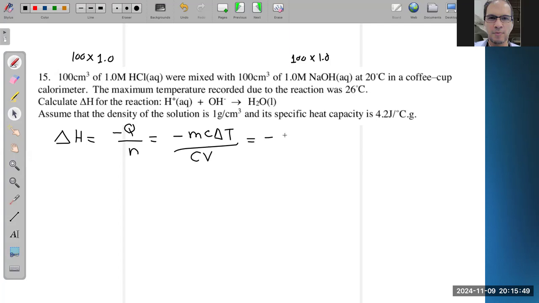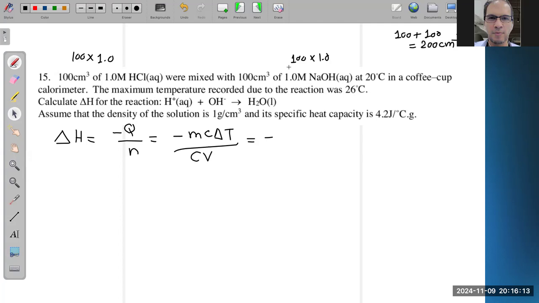The negative m is the negative of the mass of the water. I don't have that. I have only the density, which is 1. And do I have the mass? Yes, I have 100 centimeter cube and 100 centimeter cube. So 100 plus 100, that's equal to 200 centimeter cube.